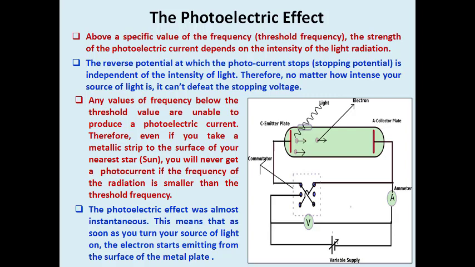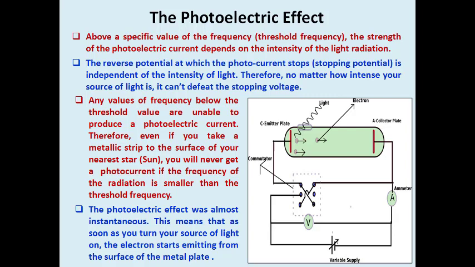The potential difference at which the electrons are blocked in the emitter itself is named the stopping potential. If we apply a potential difference more than the stopping potential between the emitter and the collector, whatever the intensity of the light incident on the emitter, it doesn't give any more emission of electrons. That is called the stopping potential.